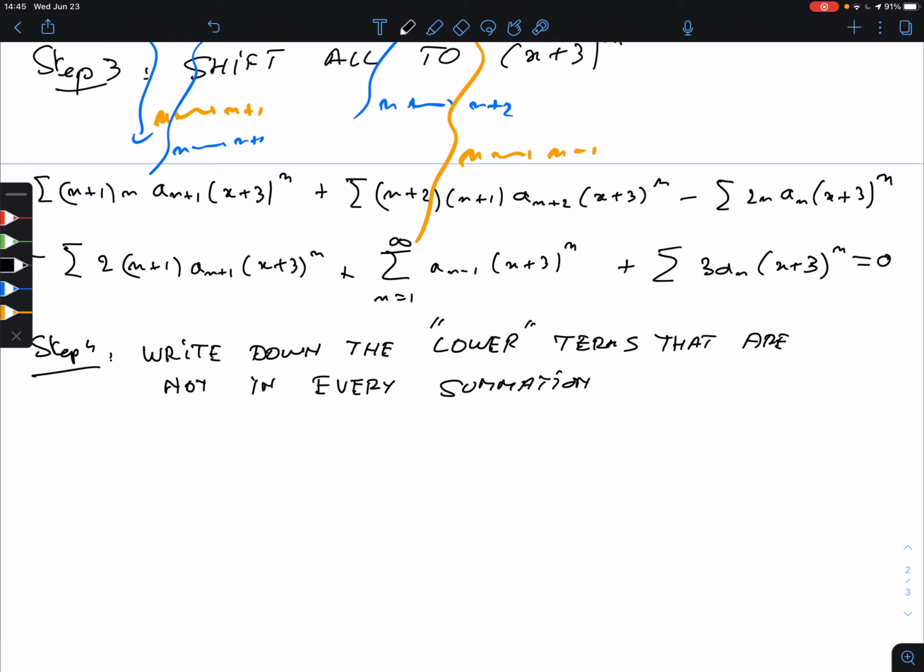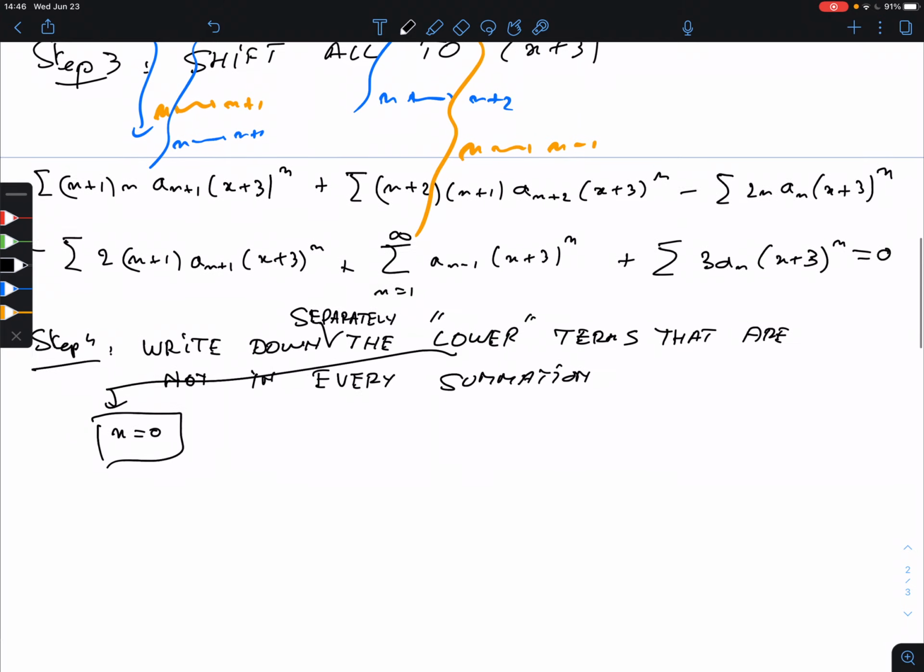When they're in every summation, then we can all put them together. But here, if n is 0, this is one of the values where there could be more than one. But in this case, there's only one because everything starts from 0 except for this one. Suppose this would start from 2, then we would have to do n equals 0 and n equals 1 separately.